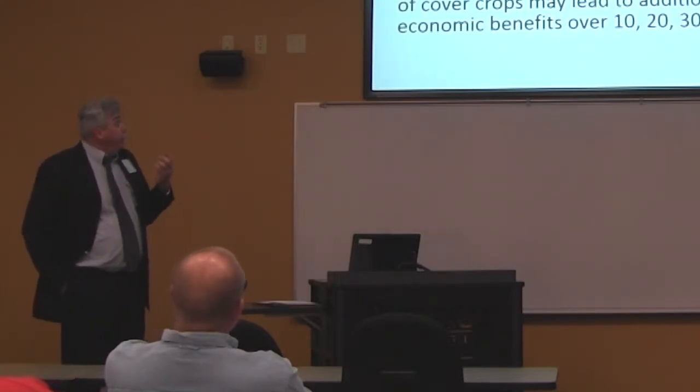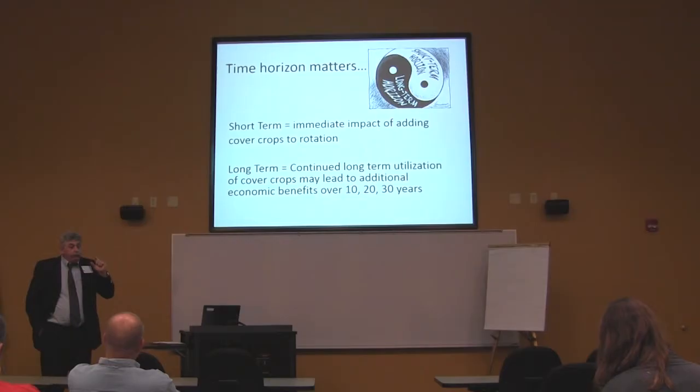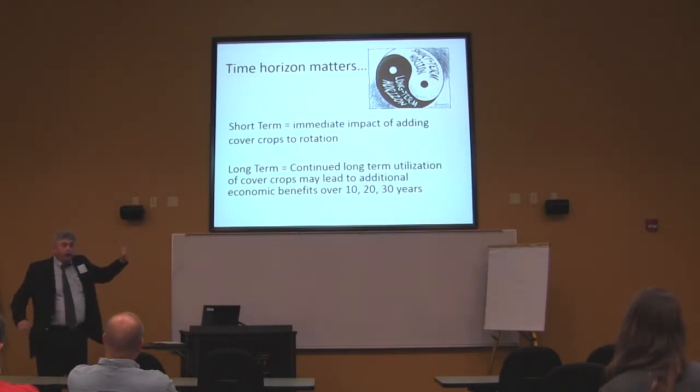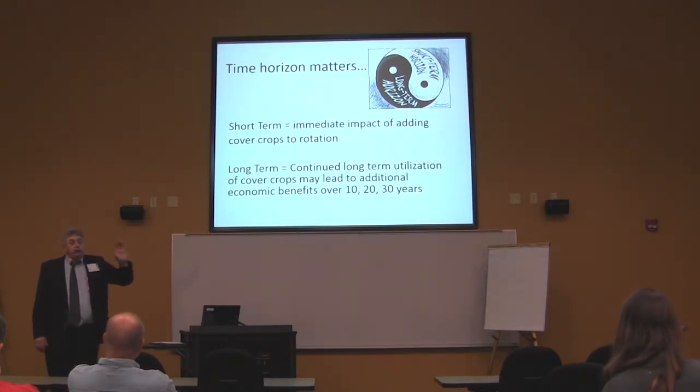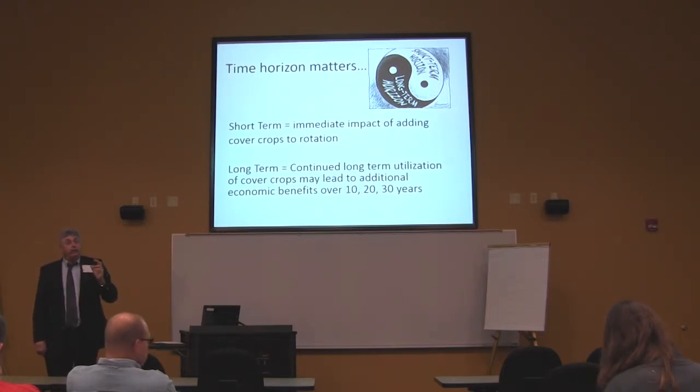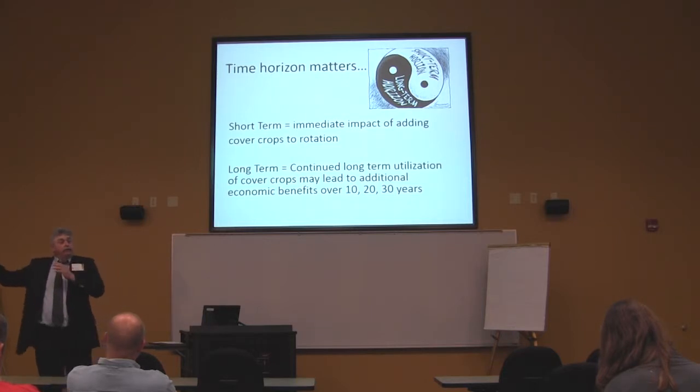Also, we know changes occur over time, and the short-term versus long-term benefits part of the model does look at that. The model will evaluate for up to 50 years. That sounds like a long time, but if a producer begins their career between 20 and 22 years old, 50 years later they're 70 or 72, about the time they're starting to look to retire.